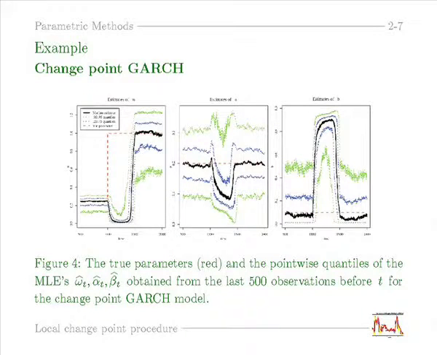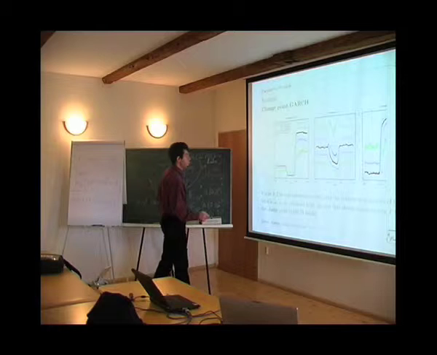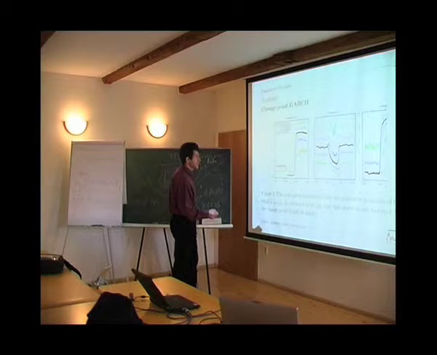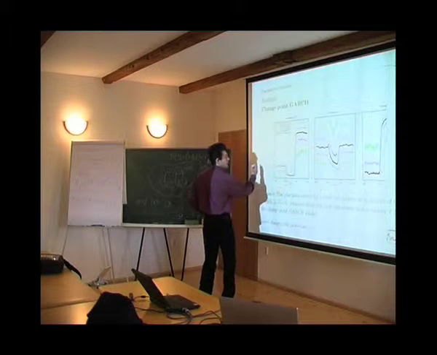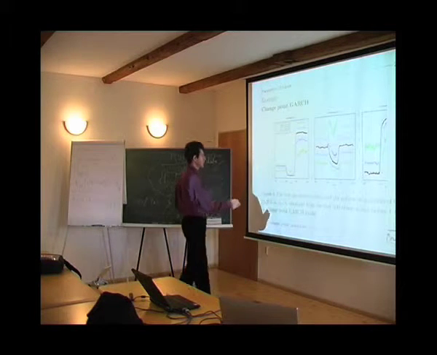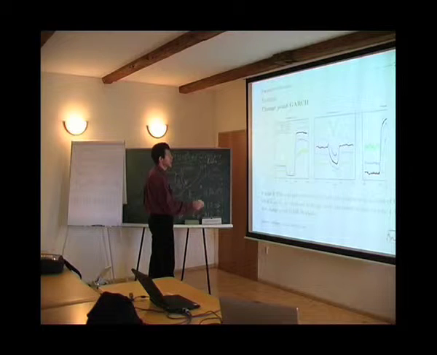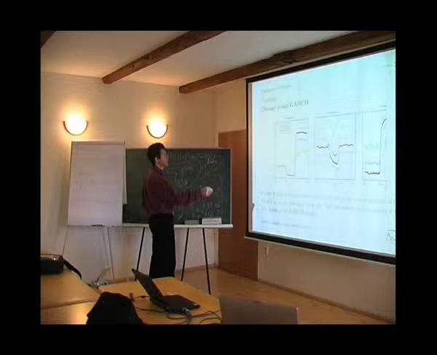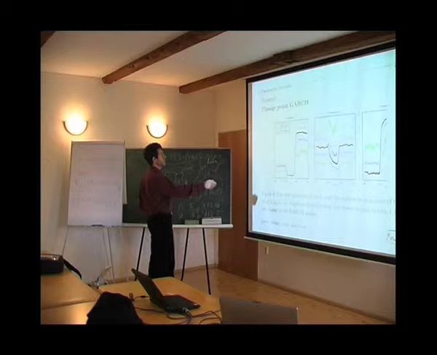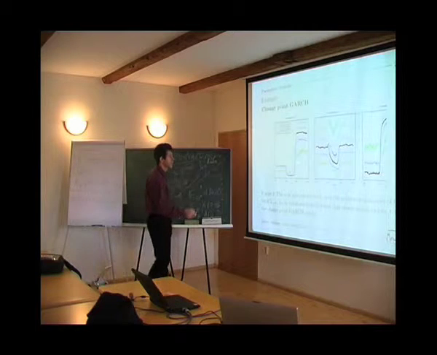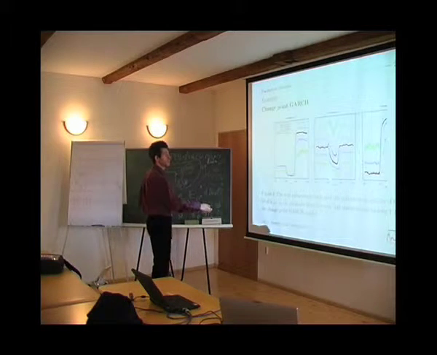Now we estimate all the GARCH parameters at every point from the historical data, from the left. This is what you see here. The black points are the median of the estimate, and you see the quantiles: blue are the 25 and 75 percent quantiles, and green are the 5 and 95 percent quantiles.